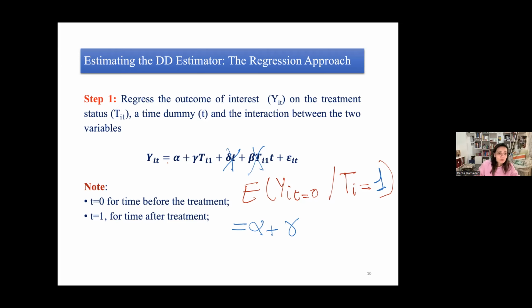Okay. Now please write it again. So the expected outcome, or the expected income, of an individual who is benefiting from FORSA, but before benefiting from the program, is alpha plus gamma, while the expected income of an individual who will not benefit from FORSA before the implementation of the program is alpha. Okay.